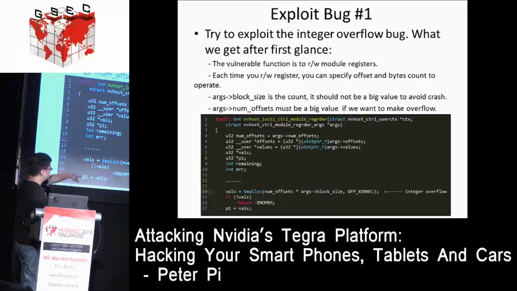The args block size is the byte count to operate. It should not be a very big value to avoid a crash. But if you want to overflow the multiplication, the number of offsets must be a very big value.